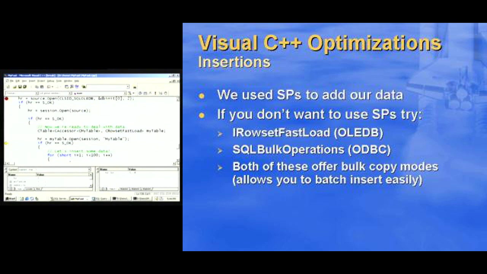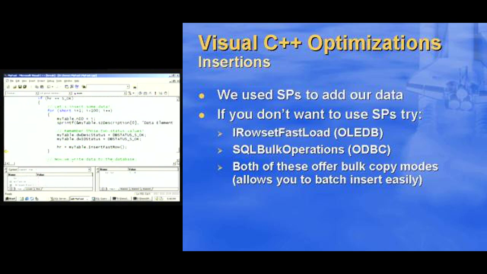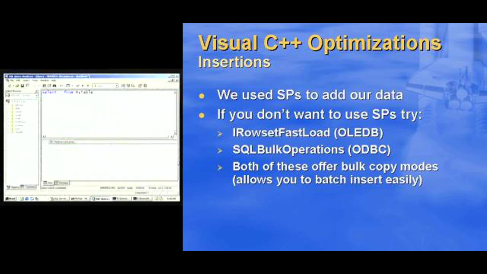We know what we're going up against. And now we're going to actually go in and start inserting data. So we start with 1, and we create a data element 1, and we go in and insert this into that fast row. Now I've stepped over that line, and if I go back over to my query analyzer, there's still nothing in there because it hasn't been committed yet.